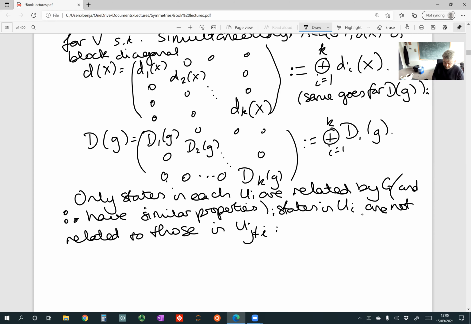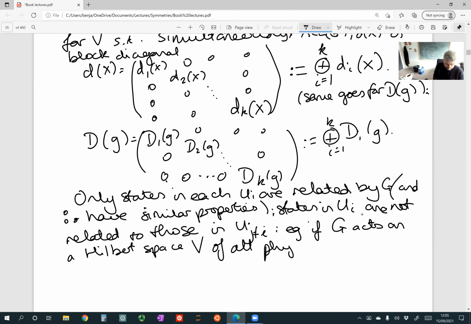So for example, if G acts on a Hilbert space of all physical states, only those within an irreducible subspace can have similar properties.